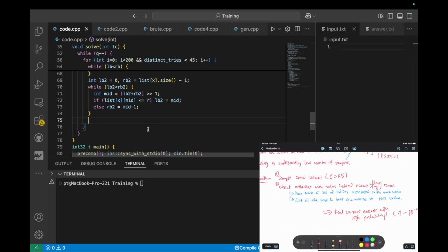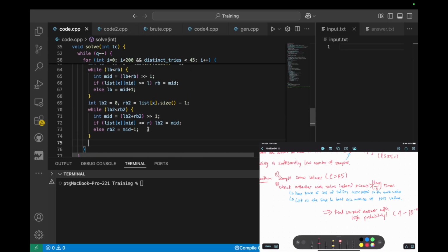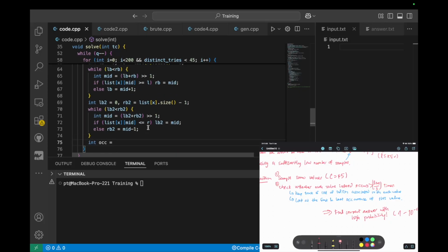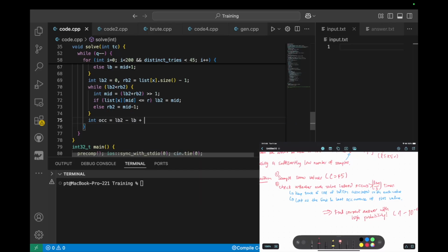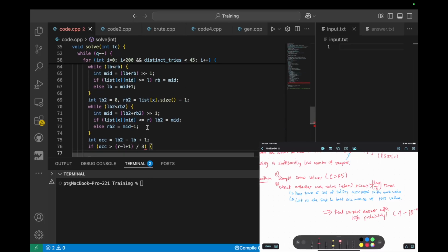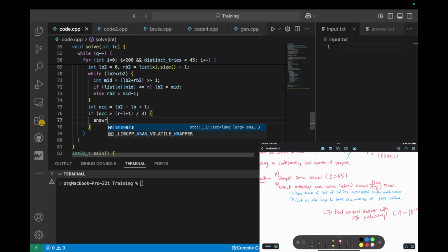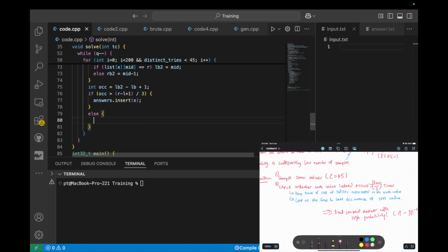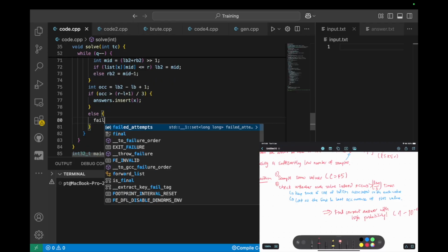And then finally, we'll check the actual number of occurrences. Is it actually at least length over 3? So the number of occurrences would be equal to LB2 minus LB1 plus 1, right? So if this actually occurs length over 3 times, then we add that to answers. Otherwise, we add that to failed attempts.